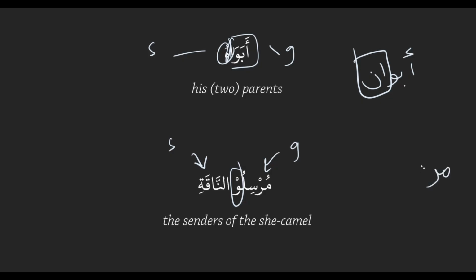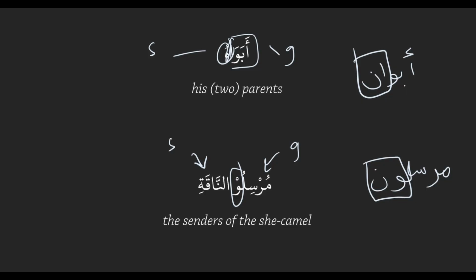We can add the noon back, and we see mursiluna, and now we see the una ending. So the way to work backwards is that if you see a vowel on your item, chances are there used to be a noon there. If the last letter of our item is alif, waw, or ya, we can add a noon back on, and that tells us which ending label we originally had.